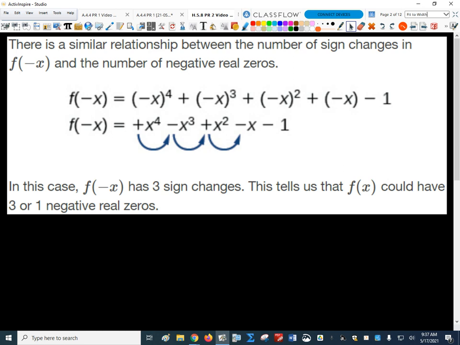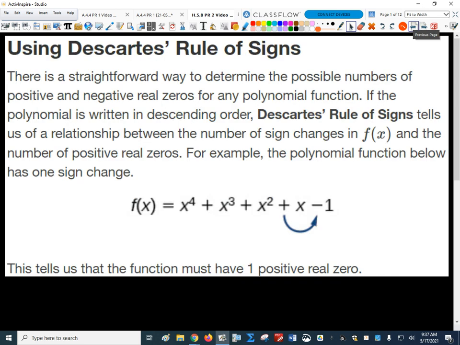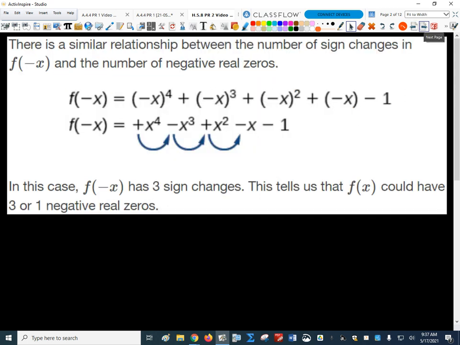If I'm going to evaluate a function at negative x, what's going to happen for every even power in our polynomial when I evaluate the polynomial at negative x? They stay positive, don't they? You can kind of think of it this way. It's like I'm just switching the x's for negative x's, right? And so we know that the even powers are going to stay positive, but the odd powers are going to flip sign, right? The powers of x become negative.